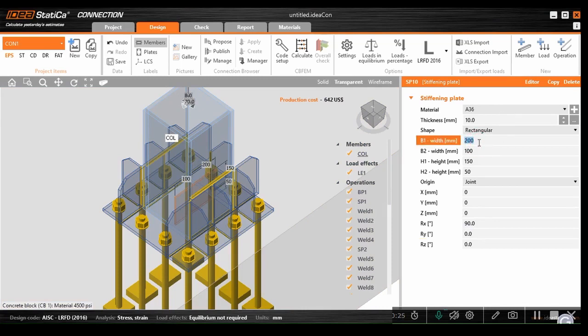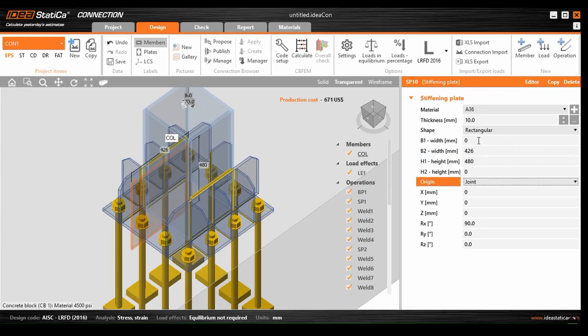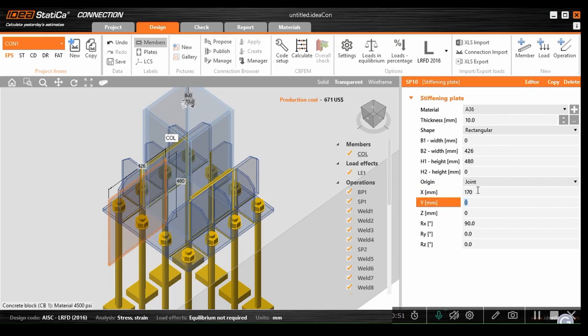Then B1 to 0, B2 to 426, H1 to 480, and H2 to 0. Then change the value of X to 170. There it is. It is our gasket plate.